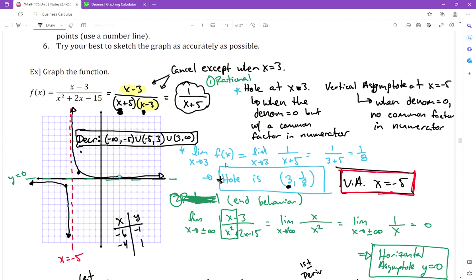So if it does ask for that type of stuff, we still do have it. And then it does concave up and concave down. So concave up, that was from negative 5 to really infinity, but again, the hole there puts a little pause on it, so make sure to account for the hole. So there's that one, and then concave down, negative infinity to negative 5.